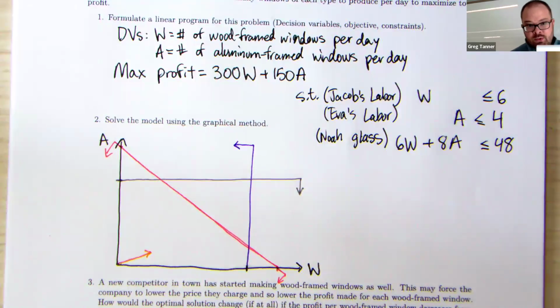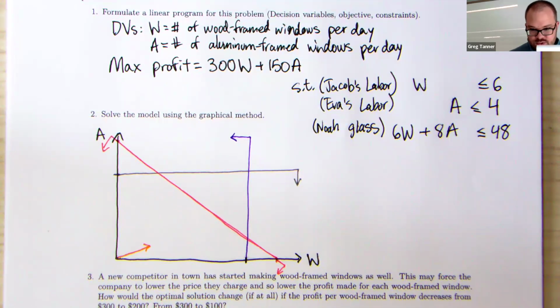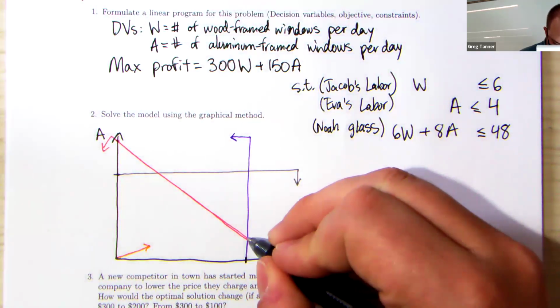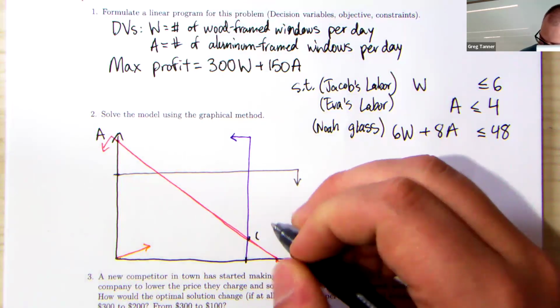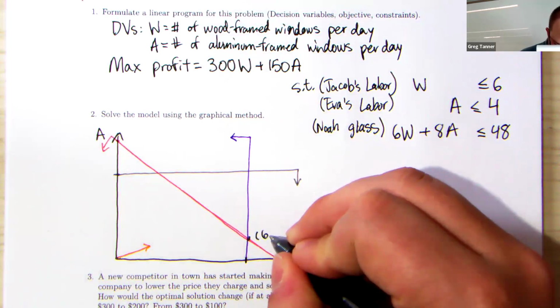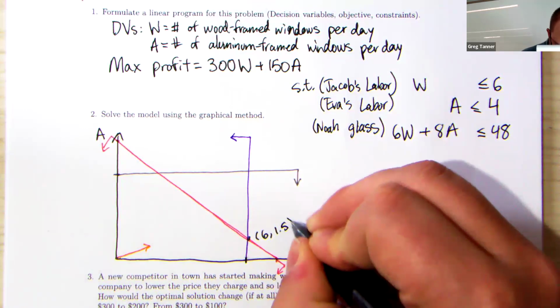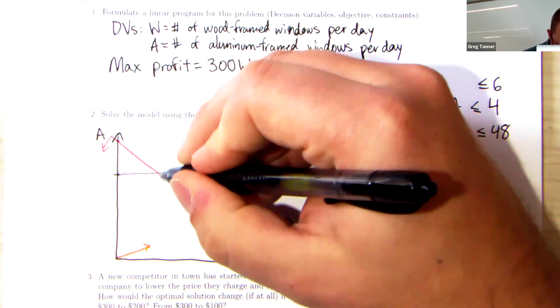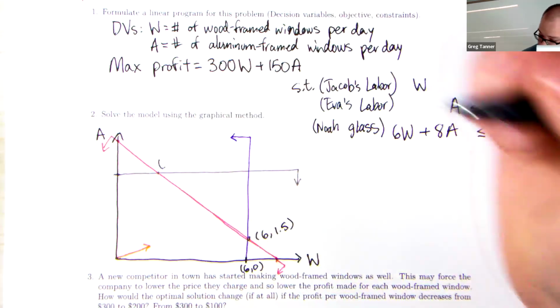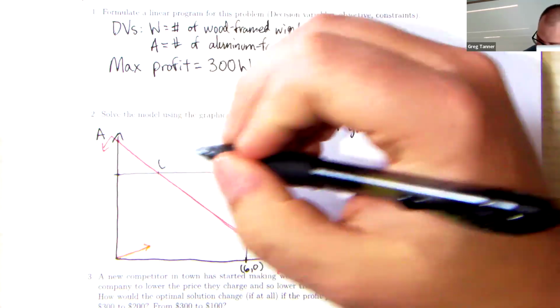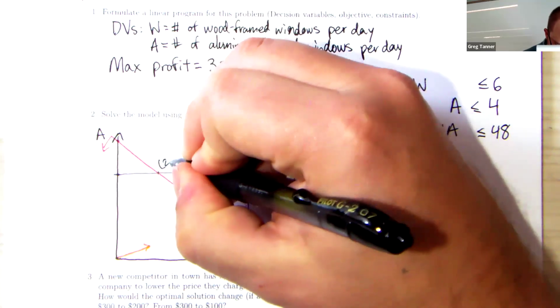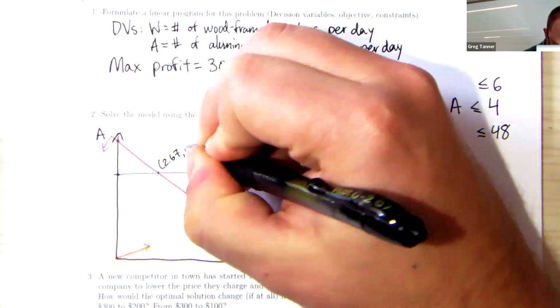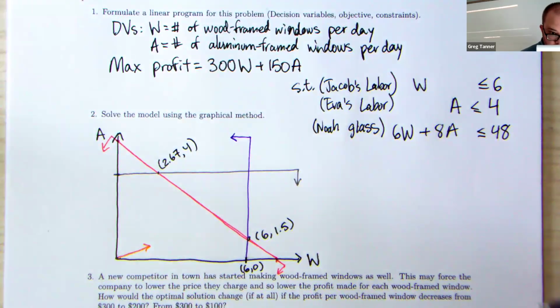So I went ahead and used Desmos to fill in what are the corner points here. So I'll go ahead and label them. So this is 6, 1.5. Here we've got 6, 0. Here we've got 2.67, 4, or 8/3.